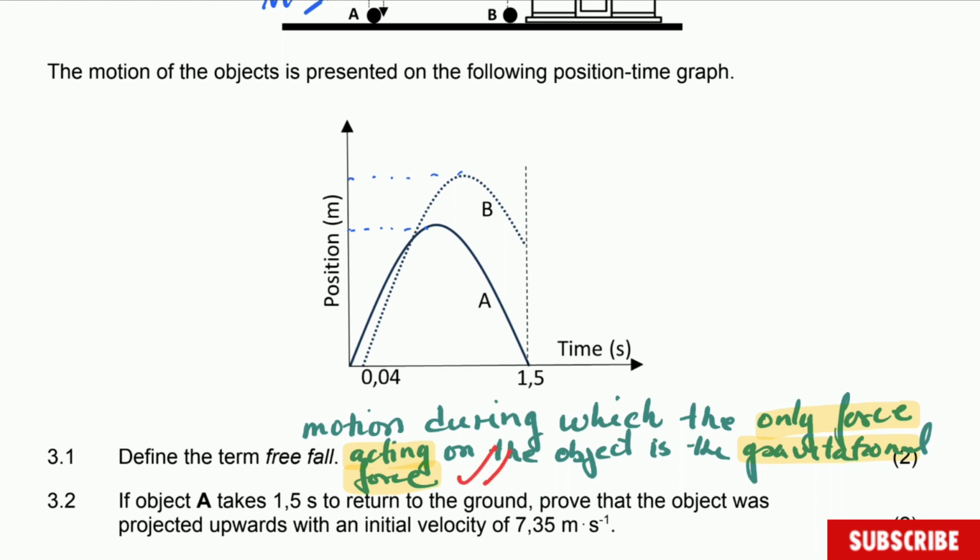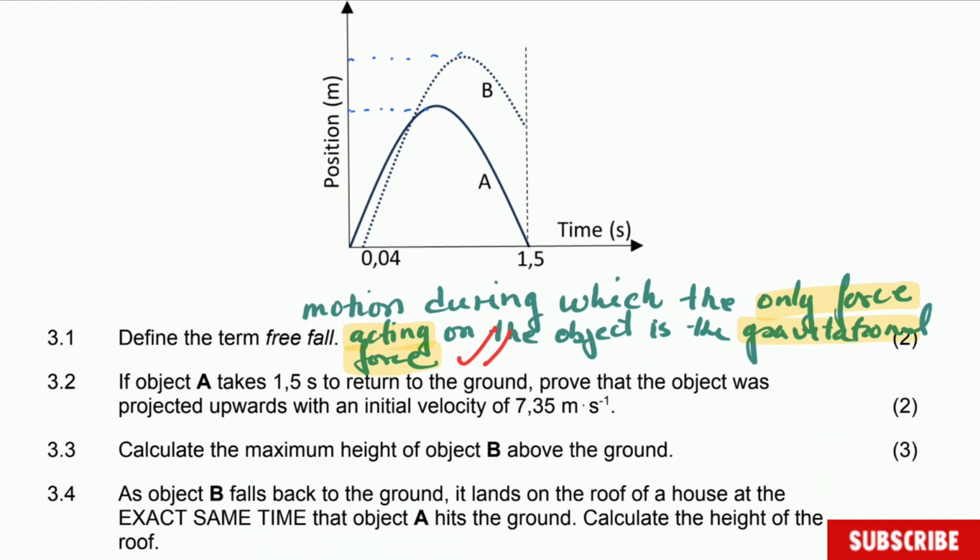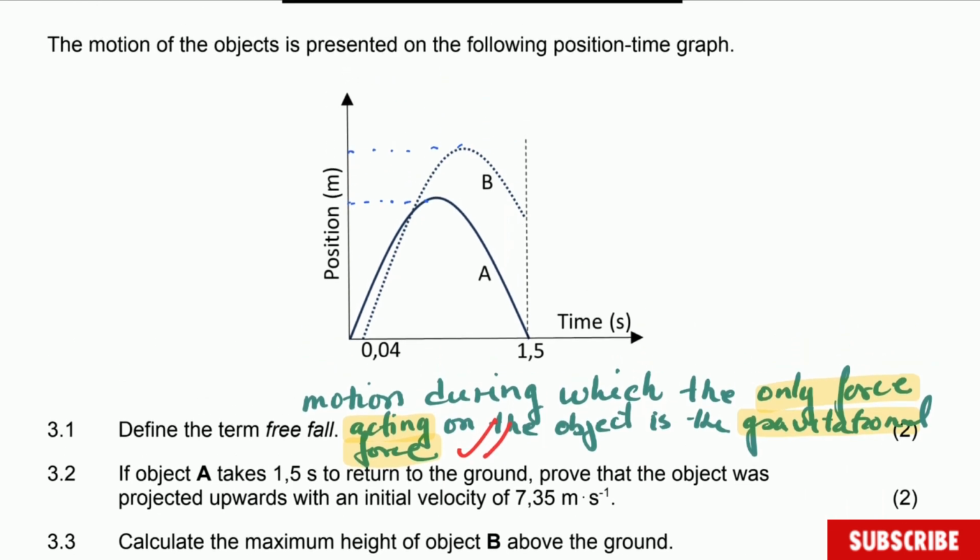It's a very easy definition. Question 3.2, if object A takes 1,5 seconds to return to the ground, prove that the object was projected upward with an initial velocity of 7,35 meters per second. Let's solve that question here, and let's write the data really fast.